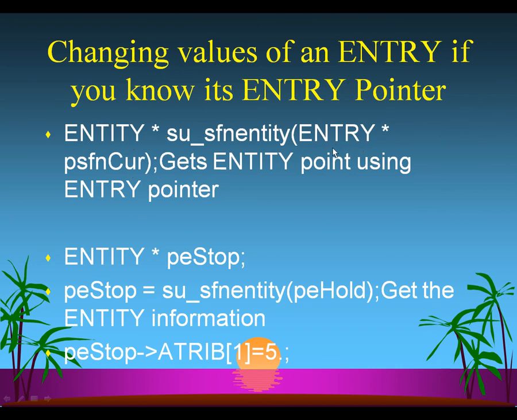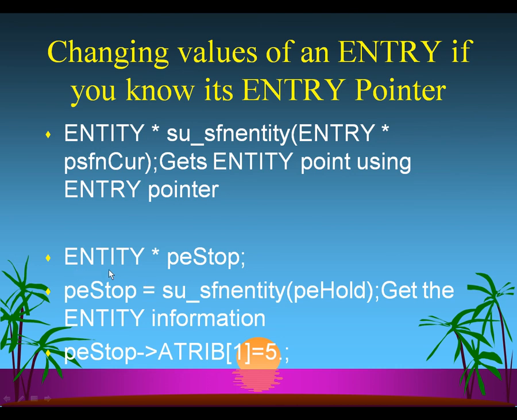The entry pointer just points to the file information, whereas the entity pointer points to the attribute information. And here's the function su_sfnentity. You give it the entry pointer, and it'll return the entity pointer. Then you can modify attribute information directly using this entity pointer.